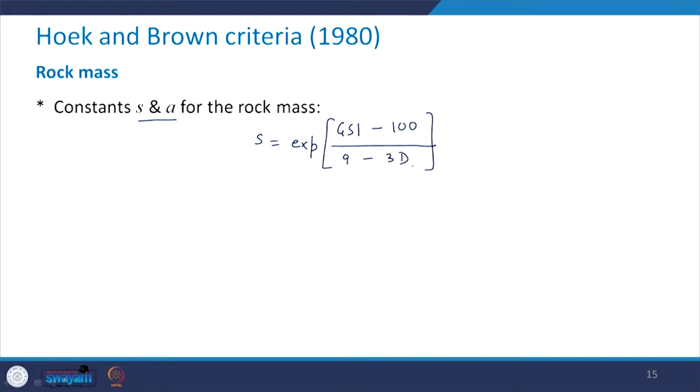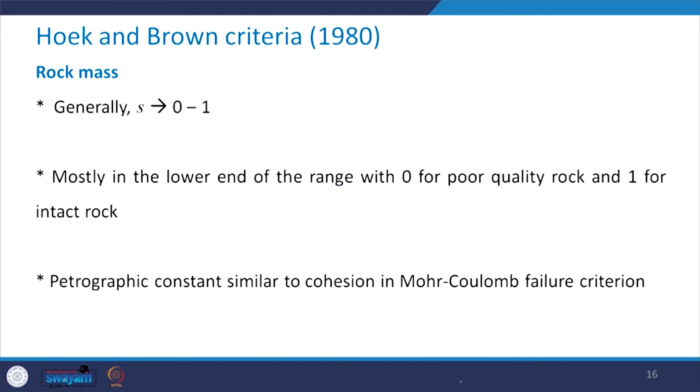D is again the same disturbance factor, and a is equal to half plus 1 by 6 times (e to the power minus GSI upon 15 minus e to the power minus 20 upon 3). So, this is how the constants for the rock mass, which are s and a, can be determined, and we have already seen how the parameter m for the rock mass can be determined.